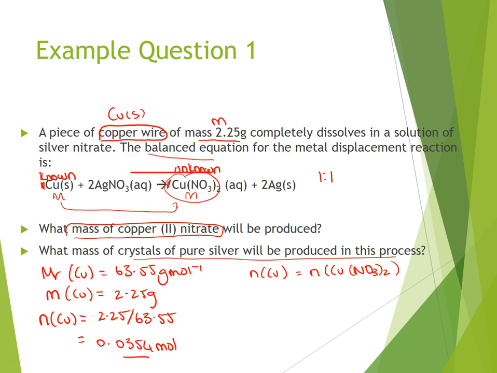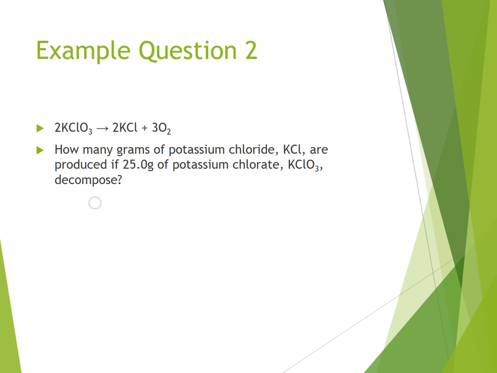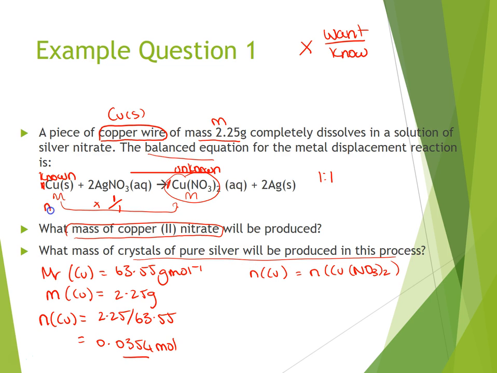I determine that mole ratio by multiplying by a factor of what I want over what I know. That means I look at the coefficient of what I want, which is my unknown, and that goes on top, and I divide it by the coefficient of what I know, which is in this case my copper, and I multiply N of what I know by that.